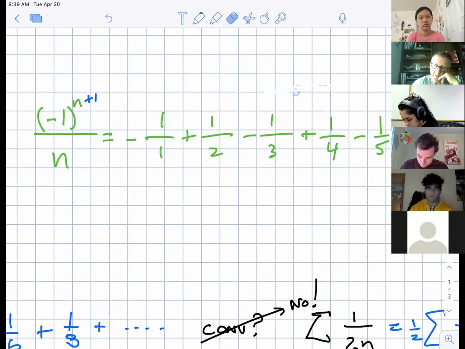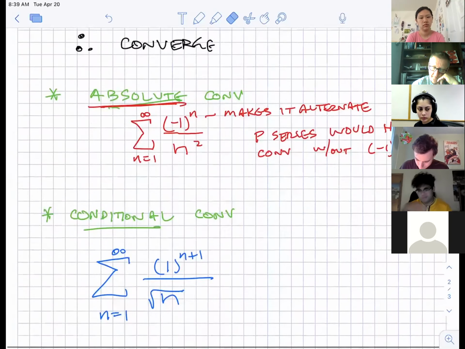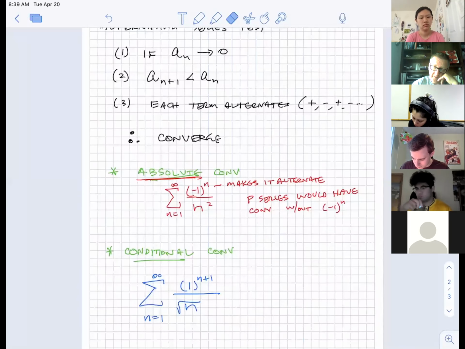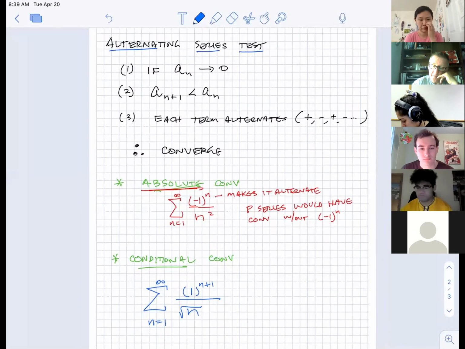So that's just kind of interesting. You'll see that in your assignment some, but it's sort of irrelevant ultimately. So would you agree now, based on the alternating series test, since we do still have the individual terms on their way to 0, 1 over the square root of n is on its way to 0, and each term is getting smaller and smaller and smaller, and they alternate.